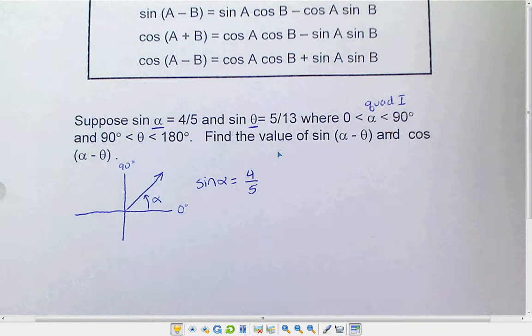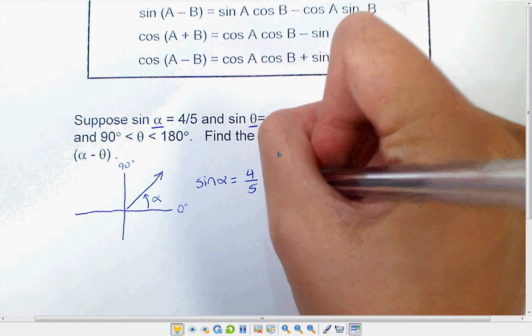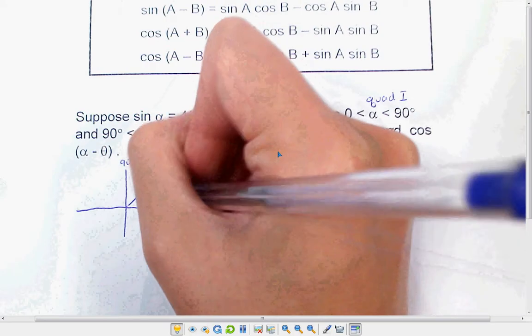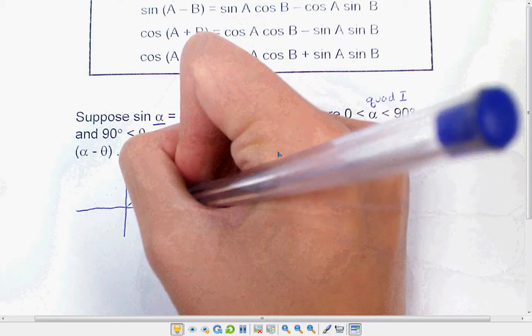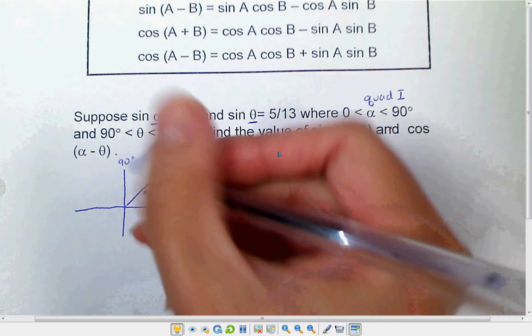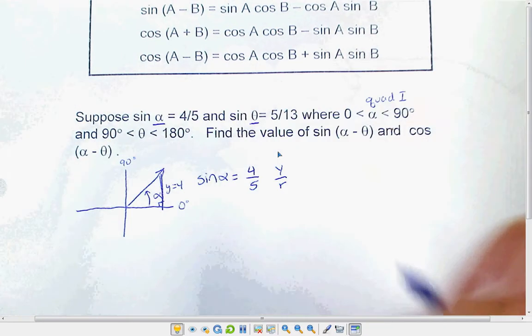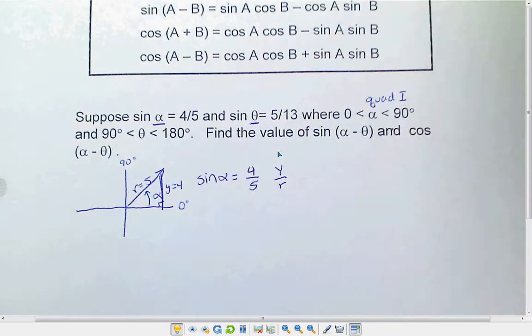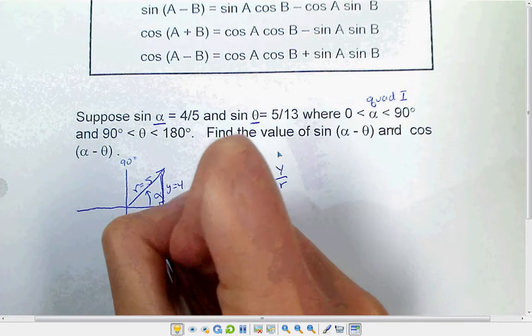Now I know that sine is y over r, so this is telling me that for this angle, if I were to draw this as a triangle, my y value is 4 and my r value is 5. So what I don't know here is my x.